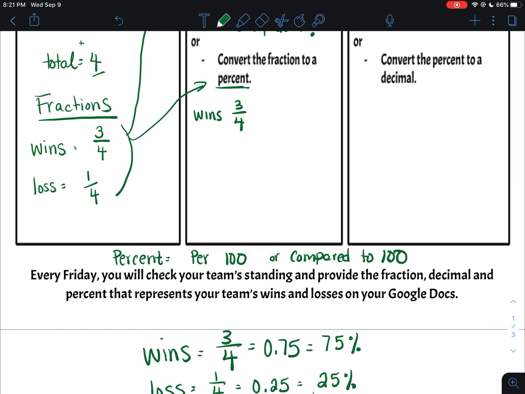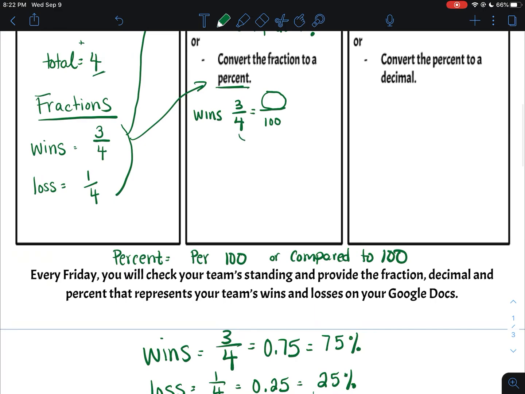So you should know by now how to find equivalent fractions. How I would do this is I want to find an equivalent fraction, but I know a percent is out of 100. So if I find 3/4 with 100 on the bottom, the number up here would tell me my percent. So I'm just going to find an equivalent fraction.